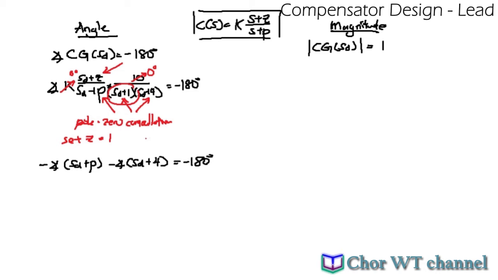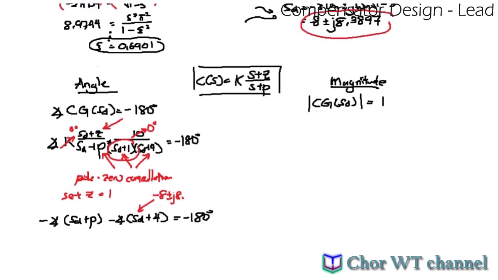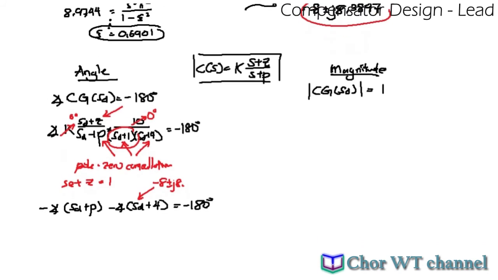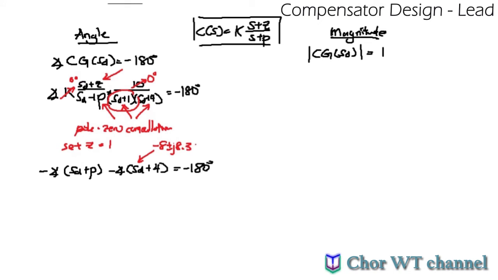That means you have to take into consideration the real part and imaginary part. SD is given to be -8 plus minus J 8.3897. After you substitute in, this entire complex term will now be located in the second quadrant with a real part of -4 and an imaginary part of 8.3897, and the angle that we are supposed to find will be this angle.